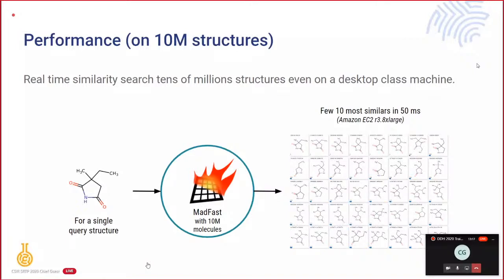In this range, you can expect near linear scaling for performance. So, for example, if you want to search 1 billion structures, then you can multiply the times shown here by 100, or you can multiply by 100 the memory requirements mentioned here.